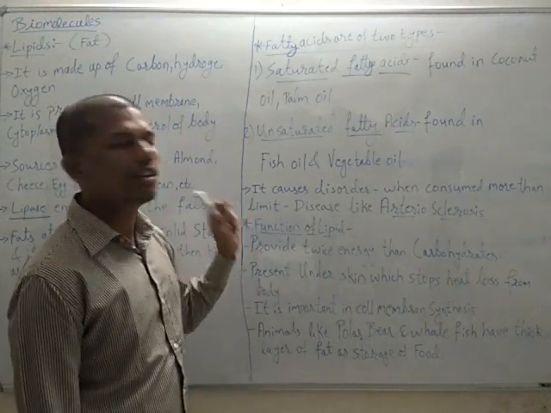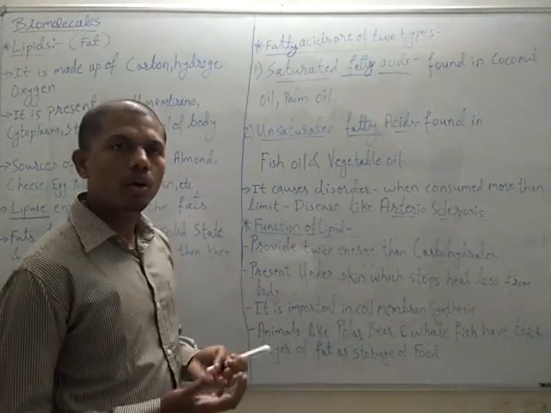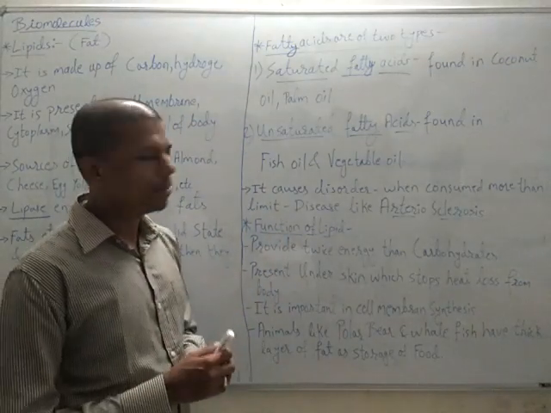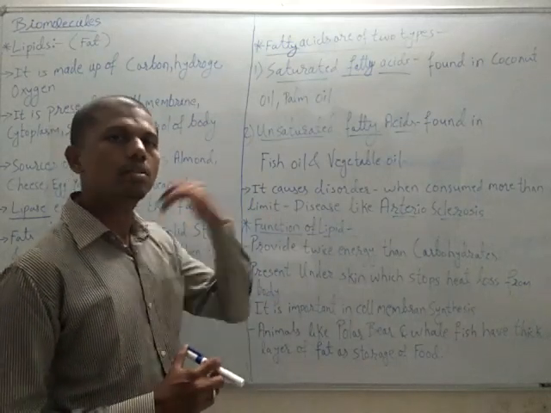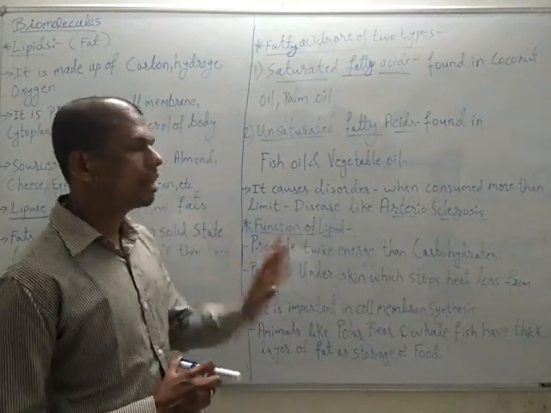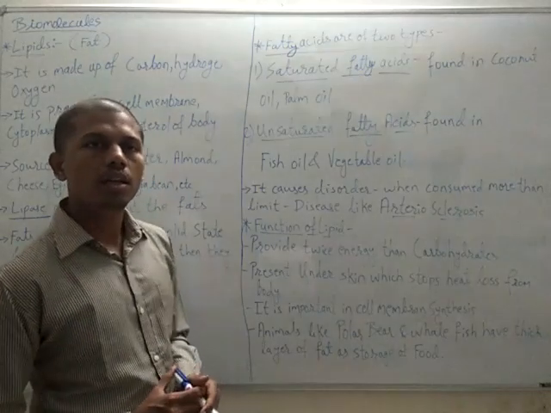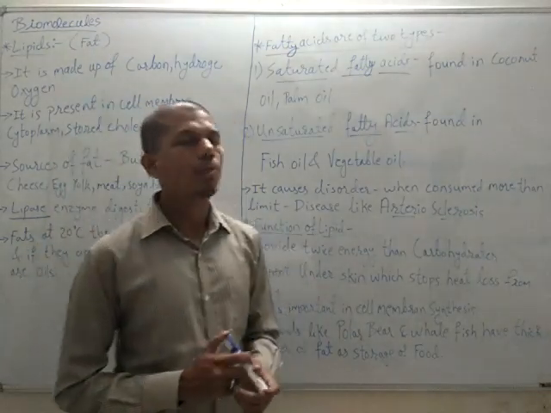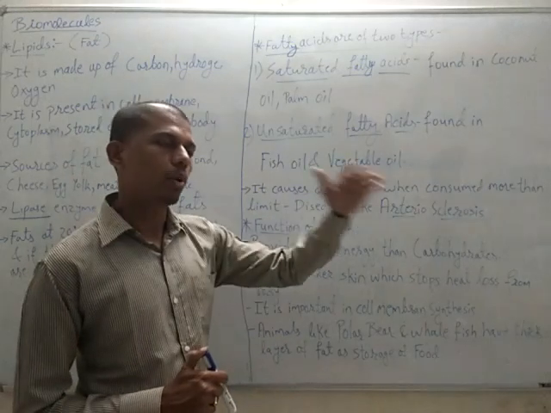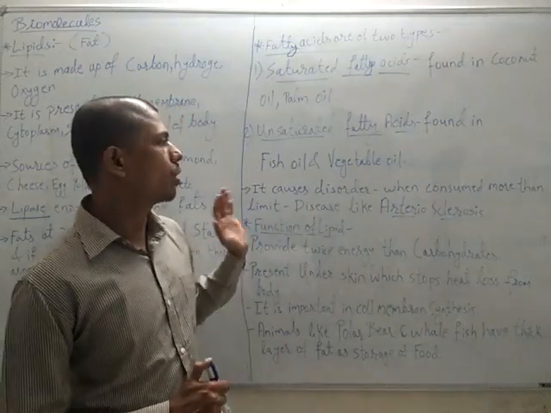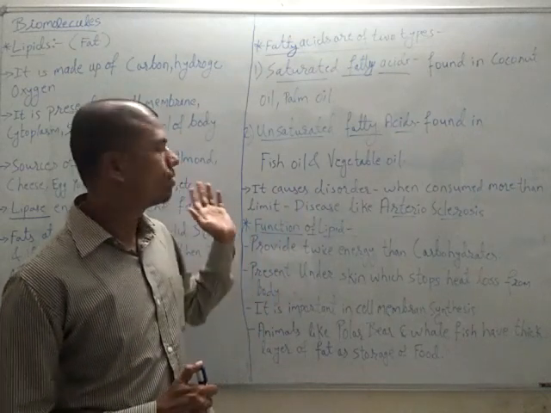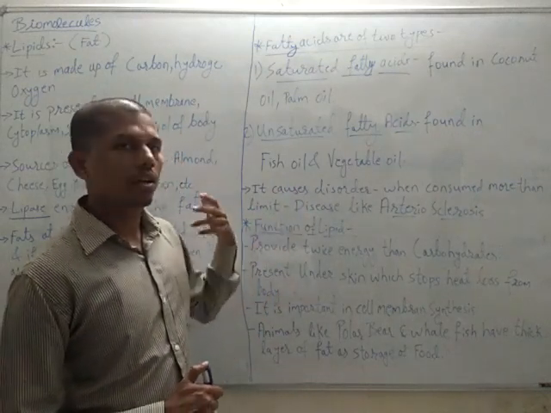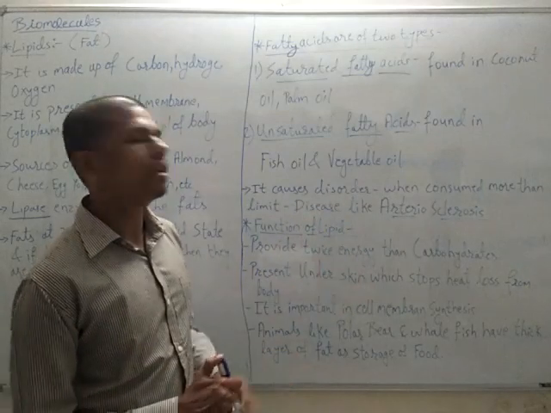When fats are consumed more than a limit, if overconsumption of fats is done by any person, then it is not good for health. It should be in a proper limit. If it crosses the limit, then what happens?